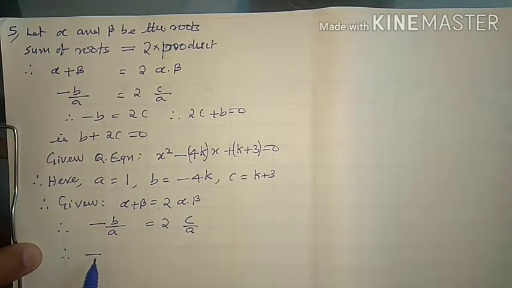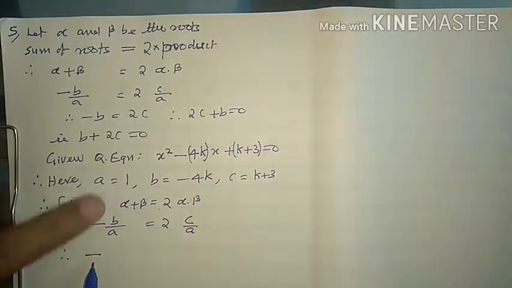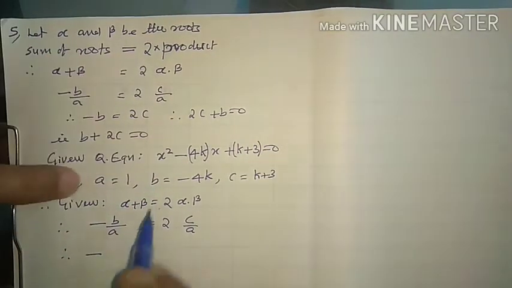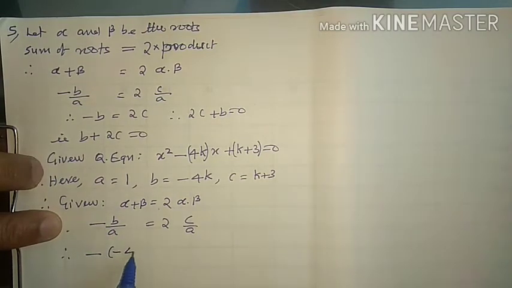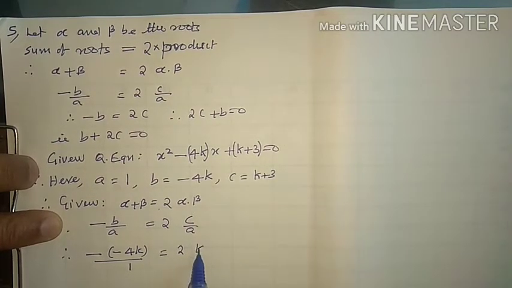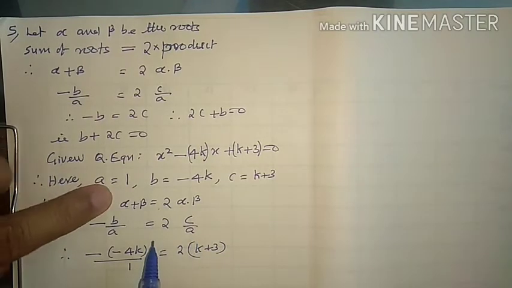Therefore, minus b, b is minus 4k. So minus b is equal to minus of minus 4k upon 1 equal to 2 into c, c is k plus 3, upon a, a is 1.